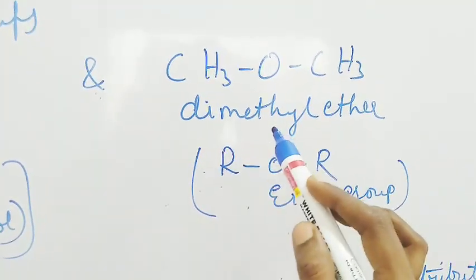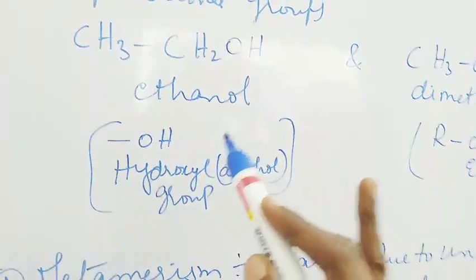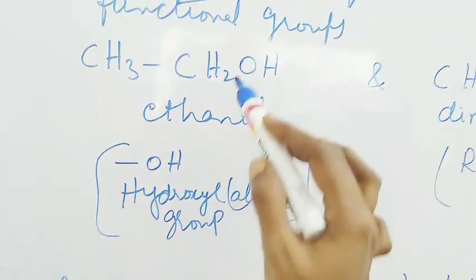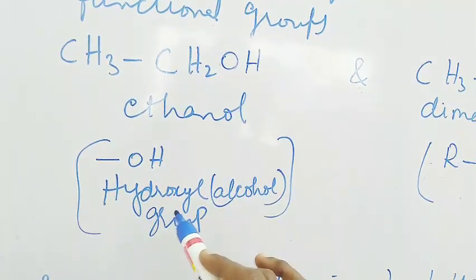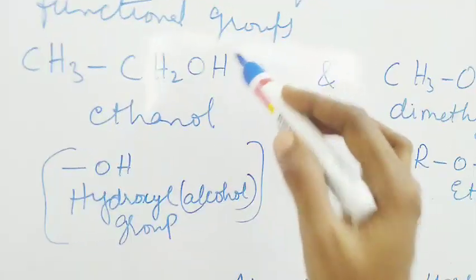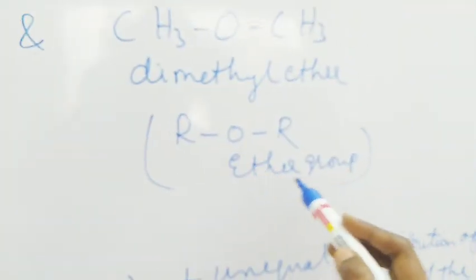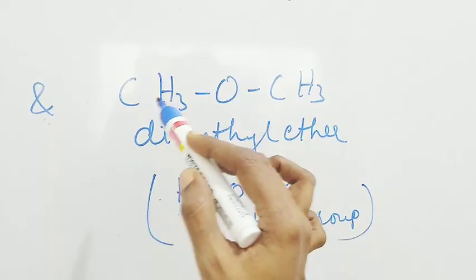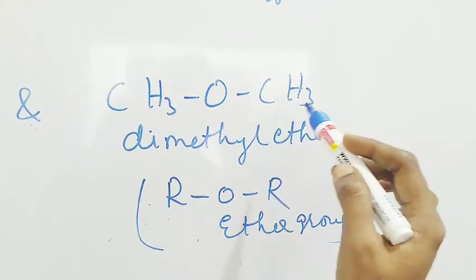CH3OCH3. This is dimethyl ether. Here there is a difference in the functional group. Here the functional group is OH. Please see here, OH means hydroxyl group, that means alcohol group. Here the functional group is the ether group. You call it dimethyl ether because CH3 is repeated 2 times.